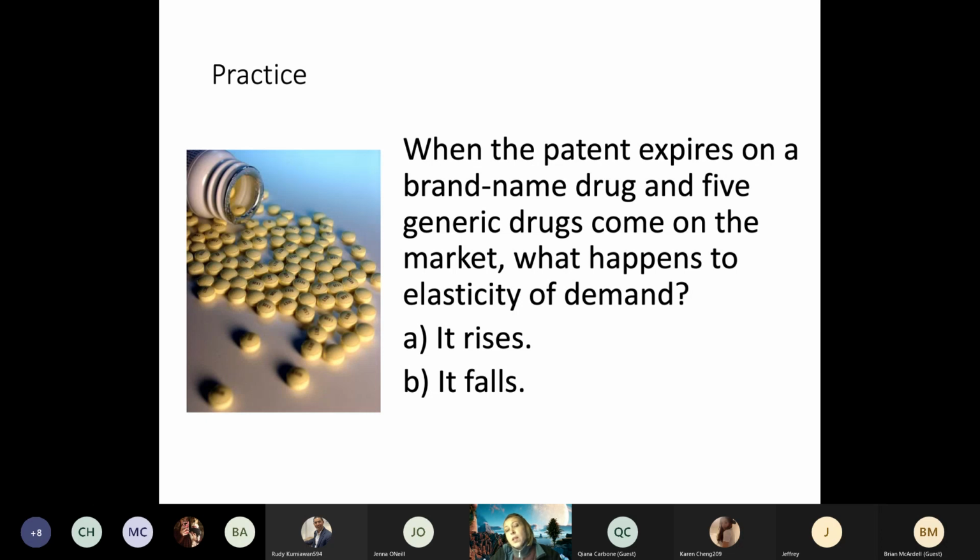I think there's too many things at play here, but I suppose the expected answer would be that it rises. People become more price sensitive when you have more substitutes. So what happens in the real world? It depends really on the pricing; the pharmaceutical companies sometimes engage in foul play in terms of pricing of their drugs.